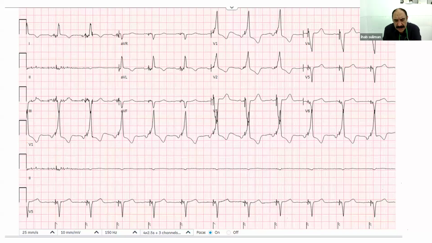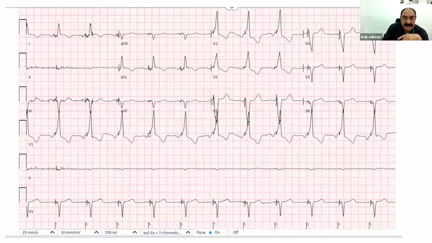He was admitted a few days back. So I am waiting for your suggestion. So what is seen on the ECG? Already Taif mentioned it is not a WPW, but it is good to suggest WPW.